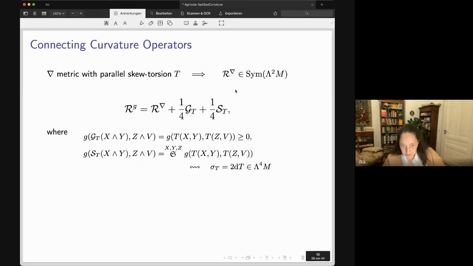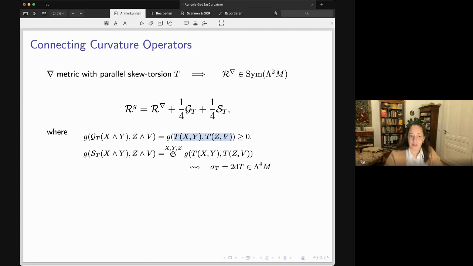You compute it and compare it to the Riemannian curvature operator. Then you see the Riemannian curvature operator equals the Nabla curvature plus 2 extra terms which really have different behavior, called script G and script S. Script G comes from the torsion form and is defined by basically the square term of the torsion form, which in particular is symmetric in the 2 arguments.